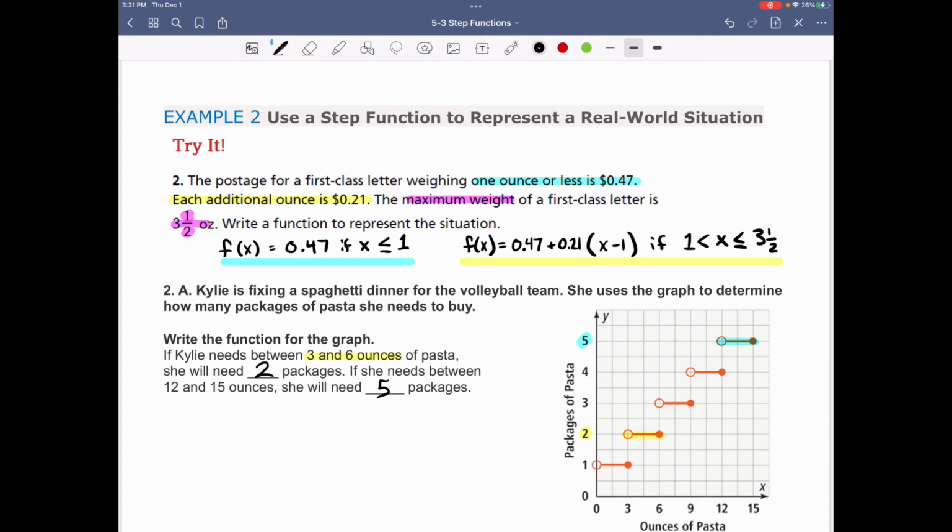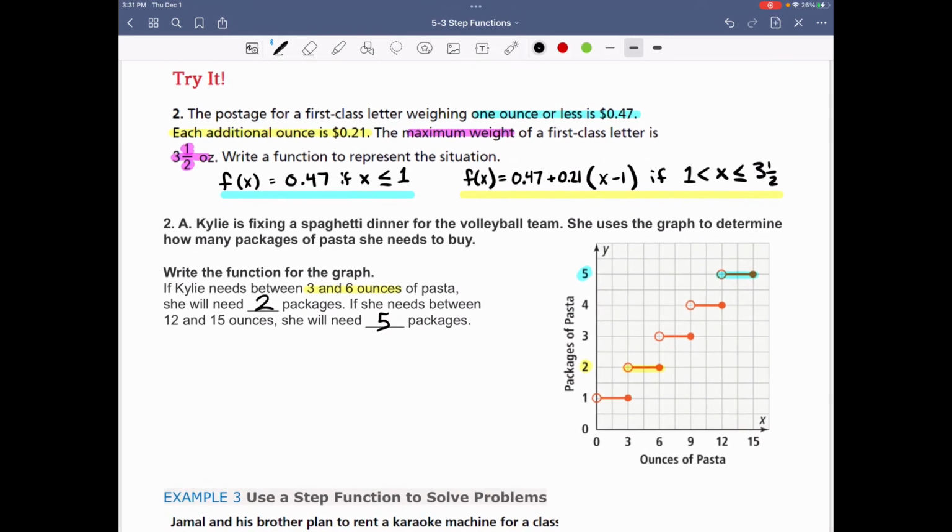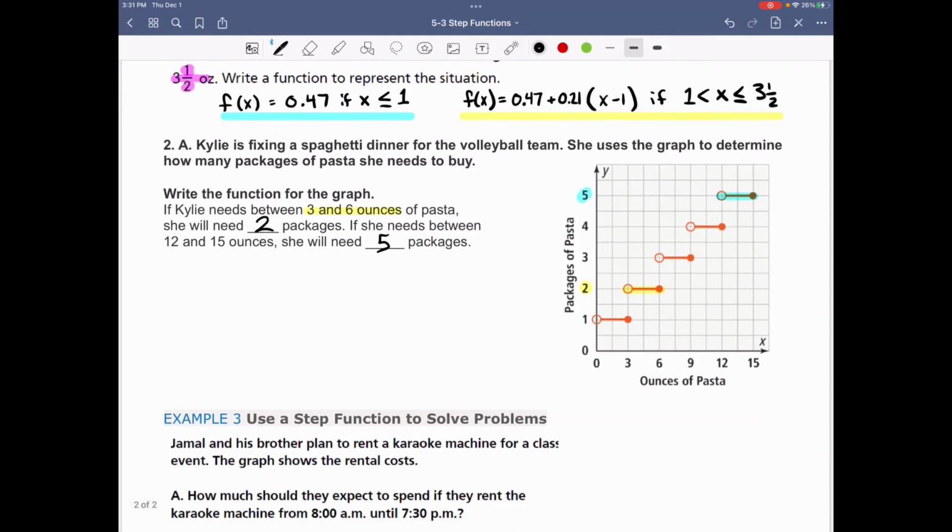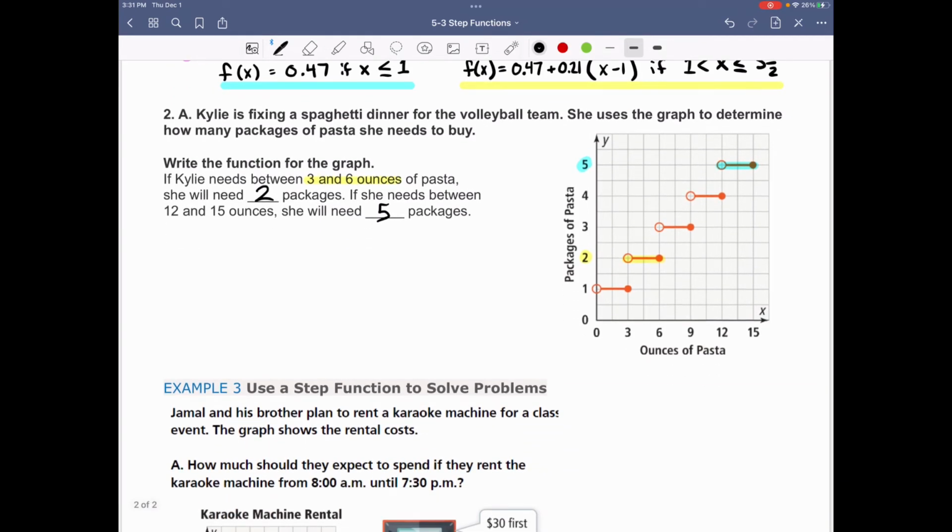So how could we write that as a function, a step function? Mostly they'll probably ask you, like on a standardized test, is just to interpret it like we just did. But if we wanted to write a function, let's see. For 1 package, she needs 3 ounces.